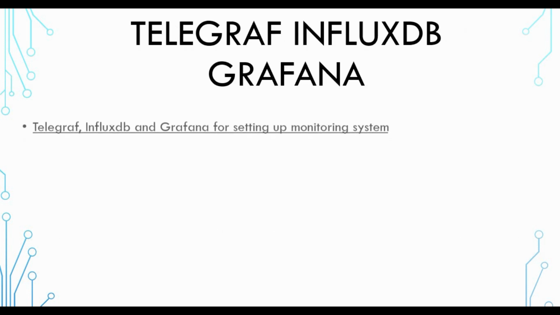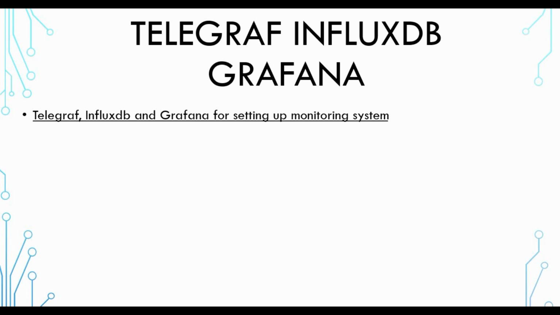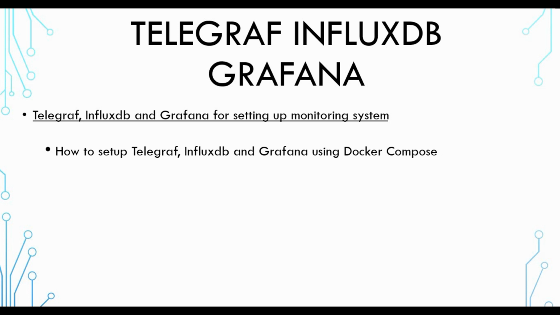Okay, so in our tutorial, we are going to set up this monitoring system using Grafana, InfluxDB, and Telegraf. What we will learn from this tutorial is how you can set up all these components using Docker Compose.